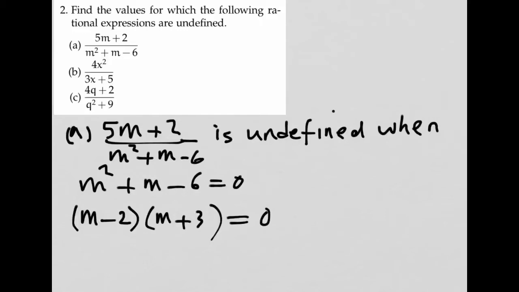And using the zero factor property, we have m is 2 or m is negative 3. So, the expression 5m plus 2 over m squared plus m minus 6 is undefined precisely when m is 2 or m is negative 3.